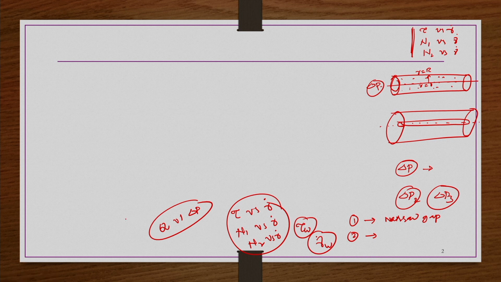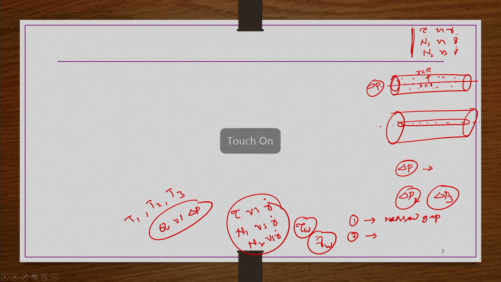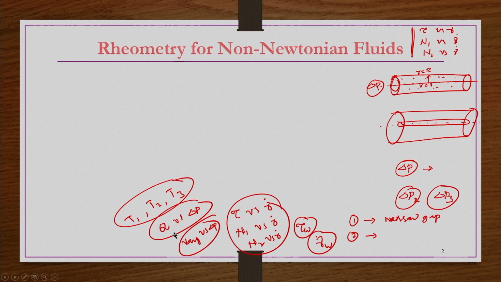If you are varying the temperature, then you can do this for different temperatures, but let us forget about the temperature for the time being. If you maintain some delta P and get the corresponding volumetric flow rate, that means you are getting average velocity V versus delta P, that information only. This is for the pipe flow case I am talking about.